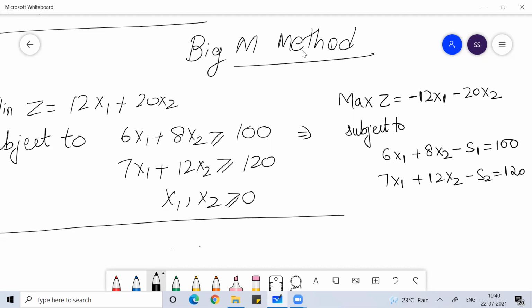So what you are doing is introducing a negative slack variable. Till now, when you had a constraint as less than or equal to, you were using a positive slack variable.